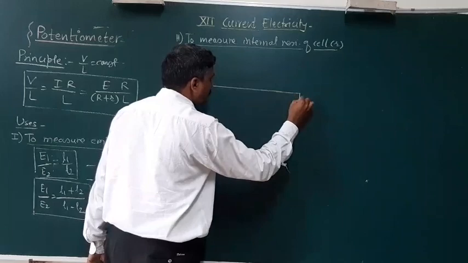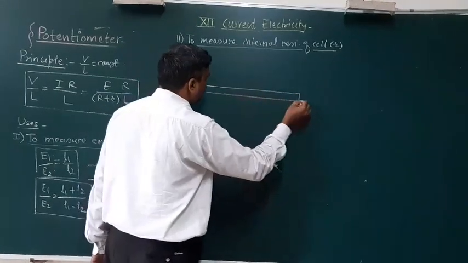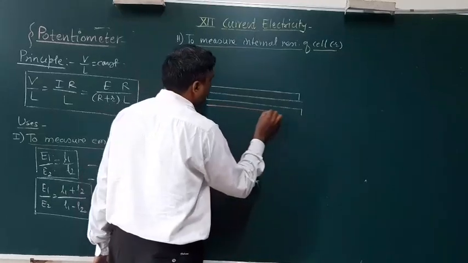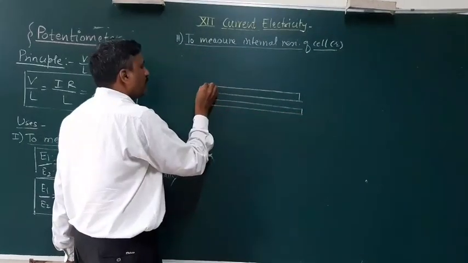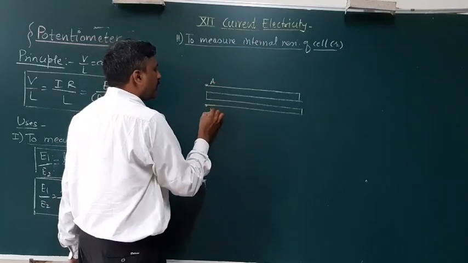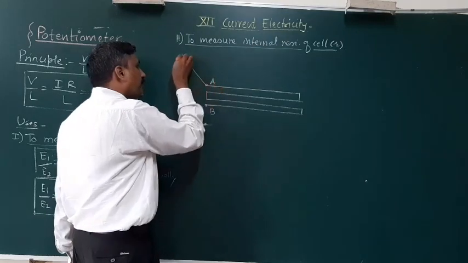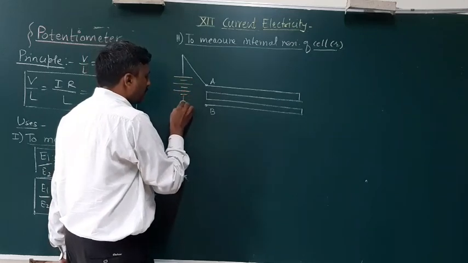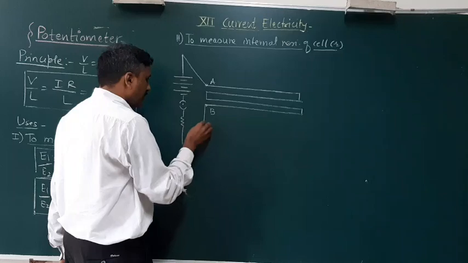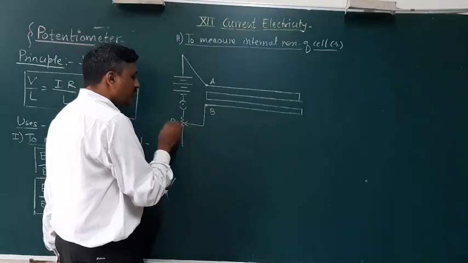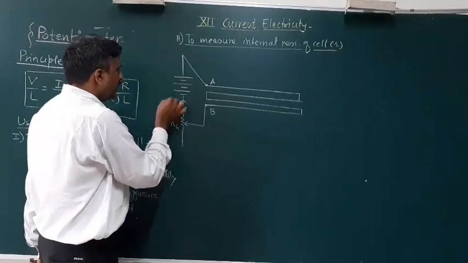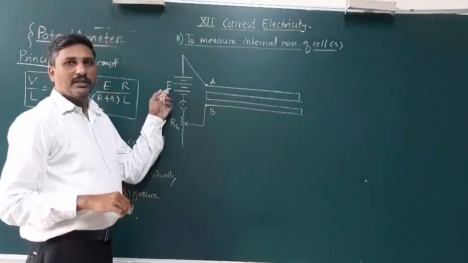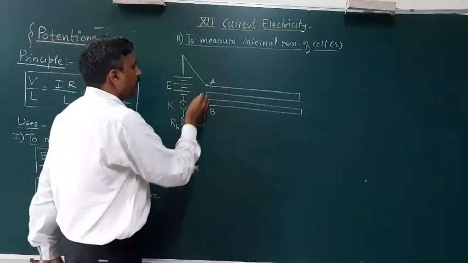Again, the circuit diagram is very simple. This is my potentiometer. These are my two points, A and B. This is the rheostat, key K, battery E, whose EMF in practice is about 6 volt.